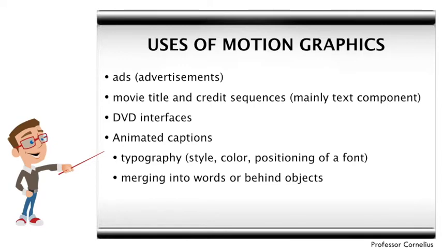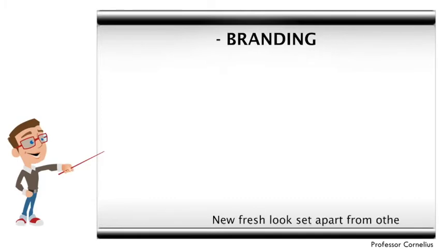Here's an example. Motion graphics are used a lot in TV idents and stings. Branding. Broadcast channel Alfalfa were looking to refresh their brand, something that would set them apart from other Sky channels.